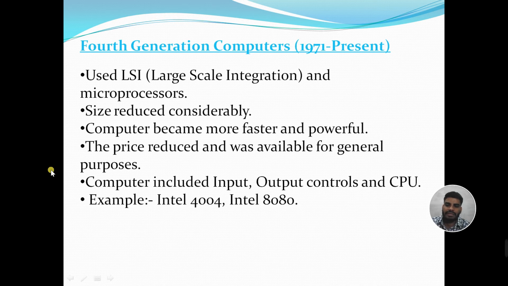Now, in the fourth generation, computers became faster and more powerful, and the price reduced and they became available for general purposes. In the fourth generation, computers included input for taking data from the user and output to give the result after processing.